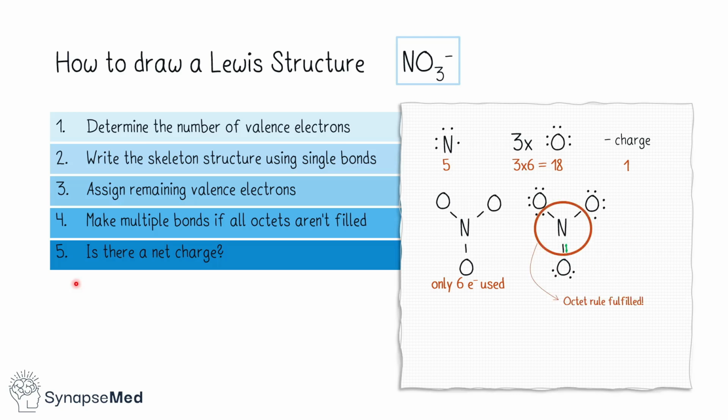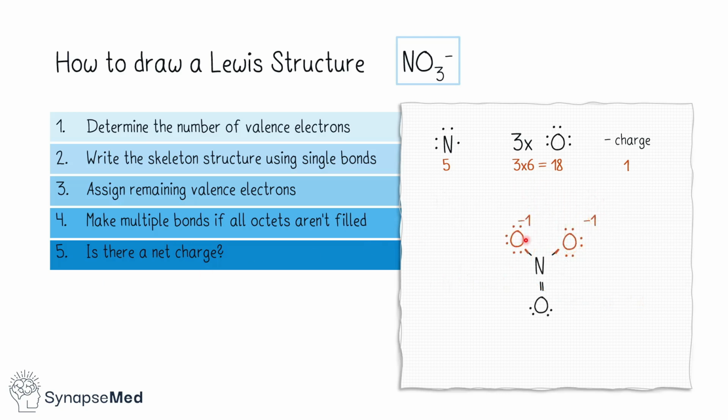Perfect. So rule number 5, the question: is there a net charge? To answer this question, we have to look at all of our atoms that were used in the Lewis structure. Over here you can see that in the close vicinity of this oxygen are 1, 2, 3, 4, 5, 6, 7 electrons.